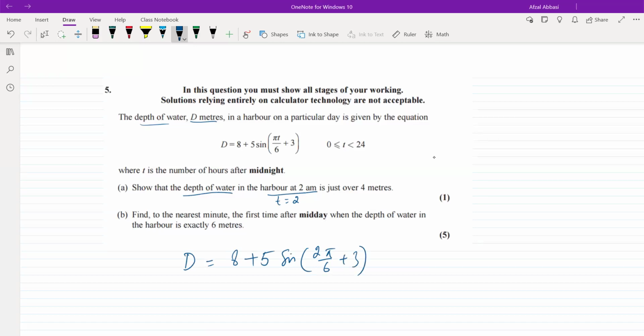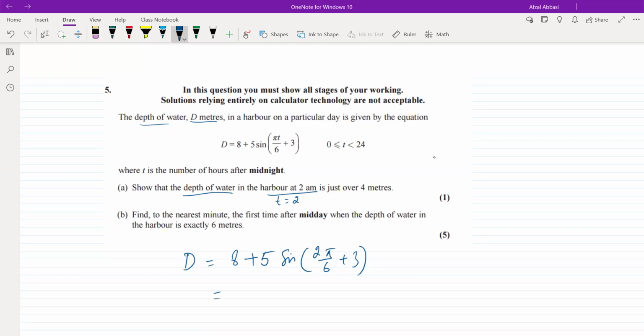You can just plug this whole thing into the calculator and get the value. Let's see what we get. Sine of pi by 3, times 5, plus 8.